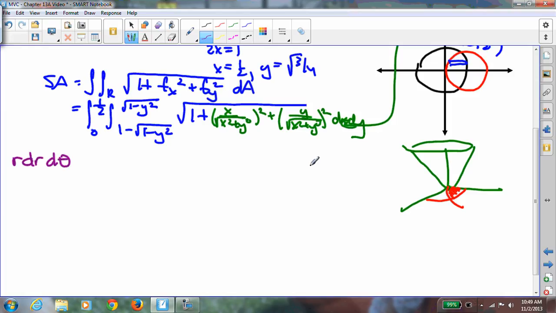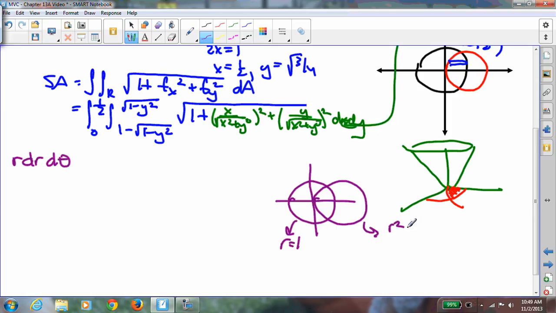So in this equation, I've got my unit circle, which looks like this, and that would be the equation r equals 1. I have a circle that looks like this, and if I were to simplify that equation that I had up above, you are going to get r squared equals 2r cosine theta.